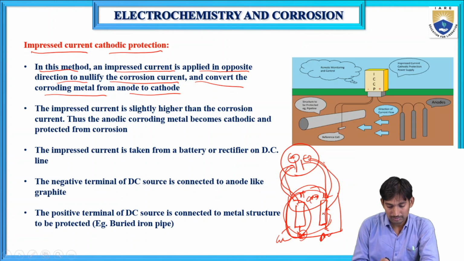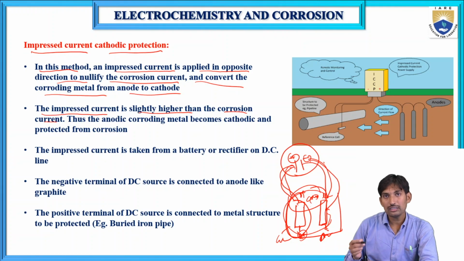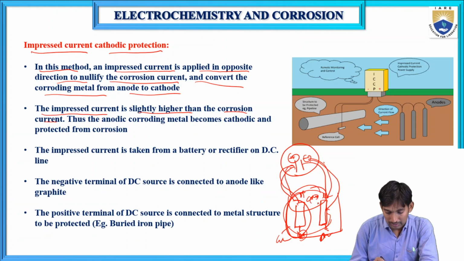The impressed current is slightly higher than the corrosion current. Our external or impressed current is slightly more than the current developed in the electrochemical cell, that is the corrosion current. Thus, the anodic corroding metal becomes cathodic and is protected from corrosion.